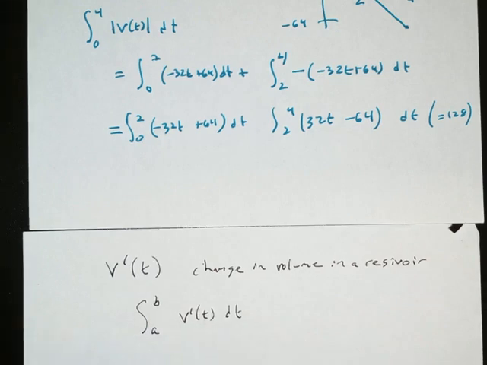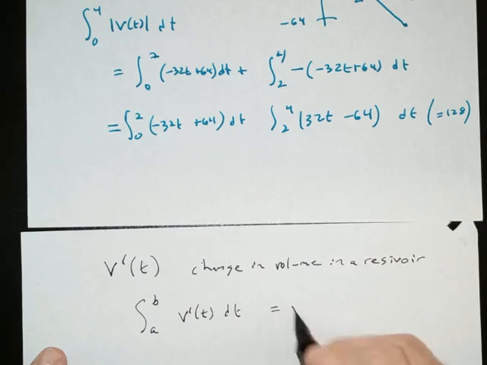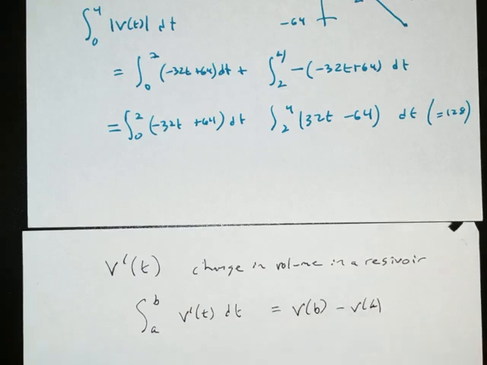But when I get back the original function, V of b minus V of a, that represents the total water change over the course of that.